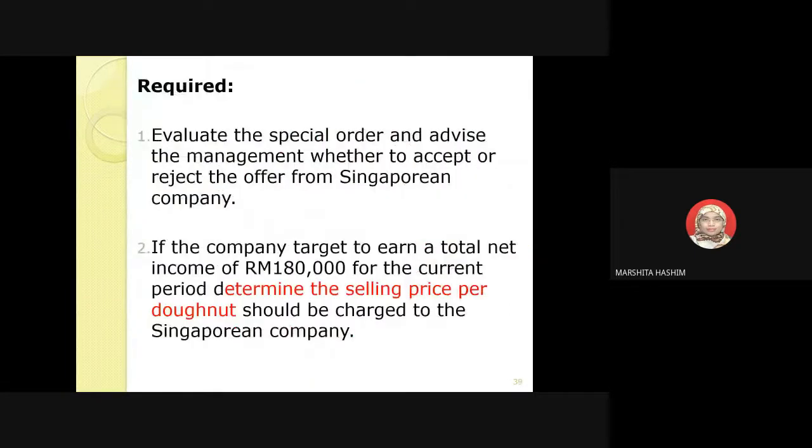Evaluate special order, advise management whether to accept or reject. So your alternative, whether you should accept or reject. For the special order, you calculate net profit from the special order. If you have profit, then you accept. If net loss, reject. Number 2, they ask about selling price.